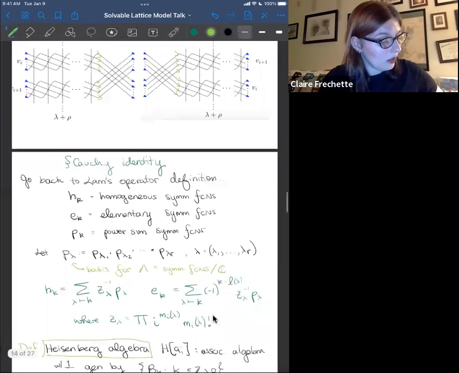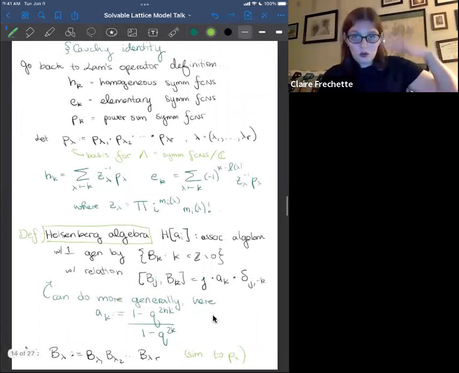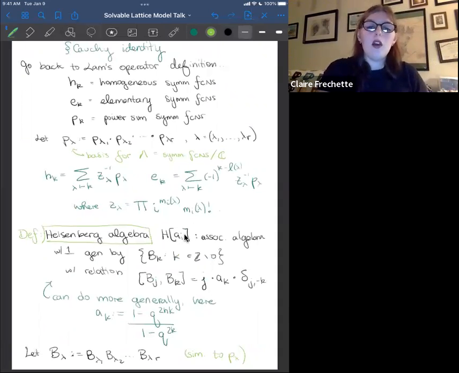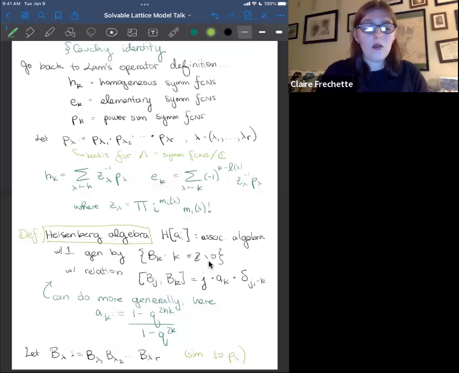We're then going to define a Heisenberg algebra using our symmetric function theory in the back of our head as motivation. We're going to take a bunch of symbols A_i and make the associated algebra with identity generated by symbols B_k, where our k are indexed by the nonzero integers, and our commutation relation is defined in terms of those A_k.